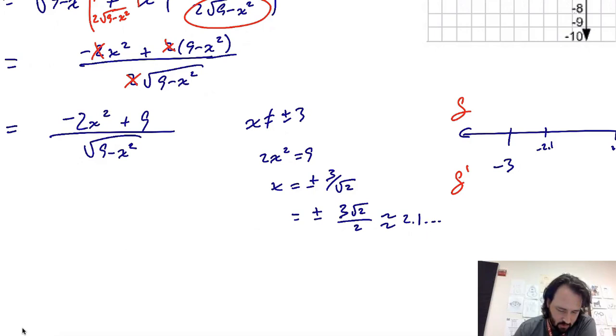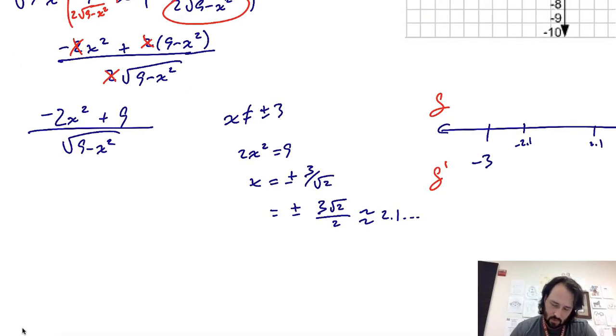It's just going to be how it interacts with this negative 2x squared there, if it's bigger than or less than 9. So 3 squared is 9. So if I'm super close to 3, let's say it pretty much is 3, then this would become negative, because that negative 2 times a number close to 3 is going to be negative.